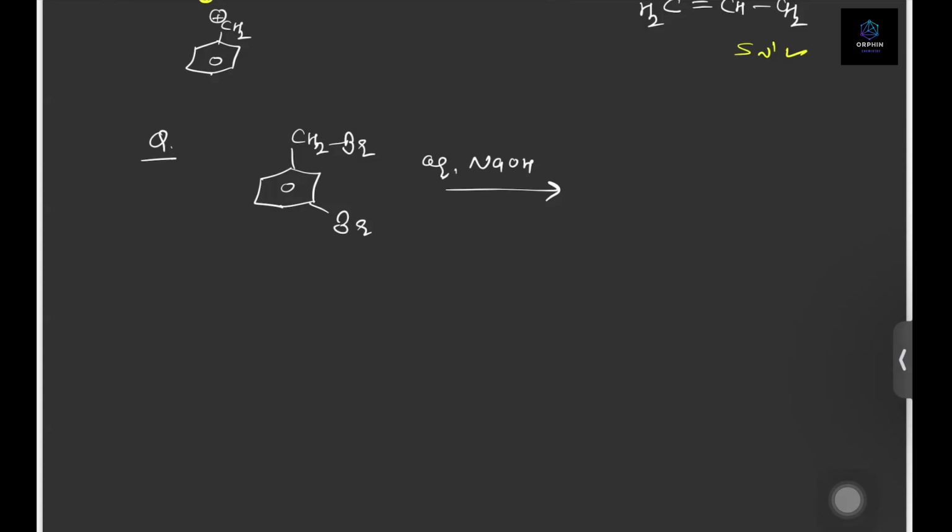Okay, so where will the nucleophilic substitution happen? On which Br will be substituted? On this part, beta. This Br cannot be removed because it is directly connected with benzene. But this Br can be removed by both the mechanisms.